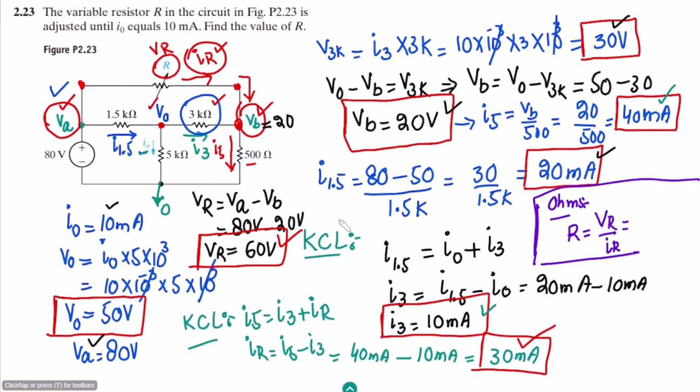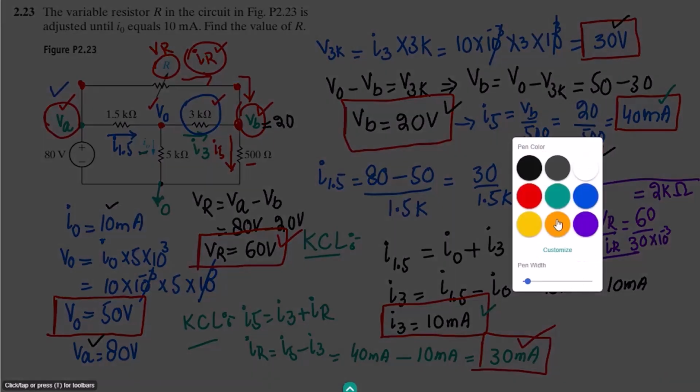The value of VR is known, that is 60. The value of IR is 30 into 10 to the power minus 3. So solving it and finding all the values, we will get 2 kilo ohm.